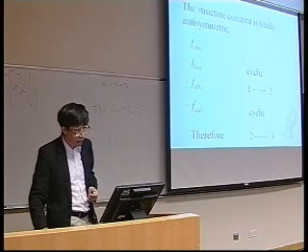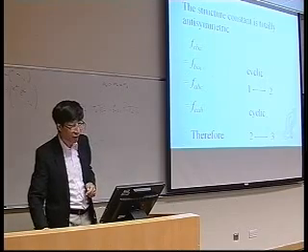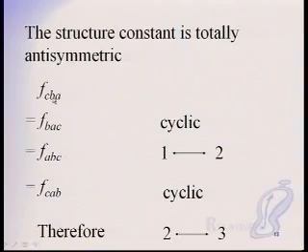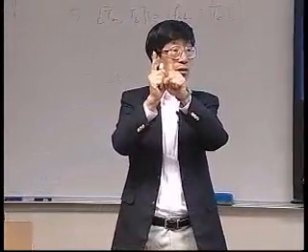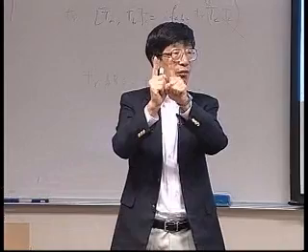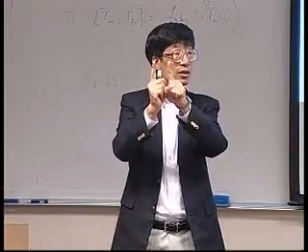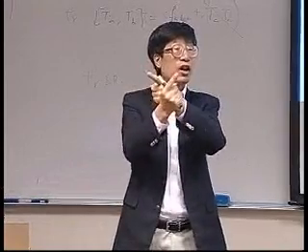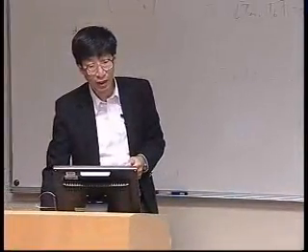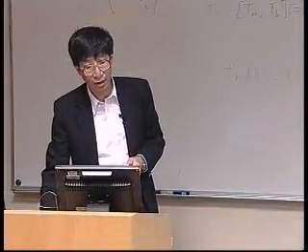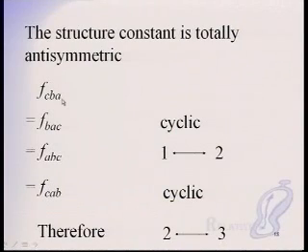Oh, I missed the minus sign, but I'll tell you later. I want to prove that if I interchange the second and the third index, they differ by a minus sign. Now, to prove that the first two indices are antisymmetric is trivial, because those two indices are related to the commutator. So if you change them, that just changes the commutator by a minus sign. It's less trivial to prove that the second and third, for example, are antisymmetric.